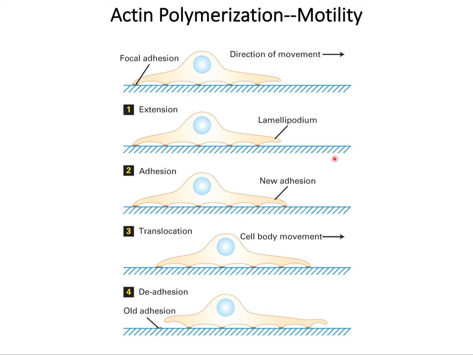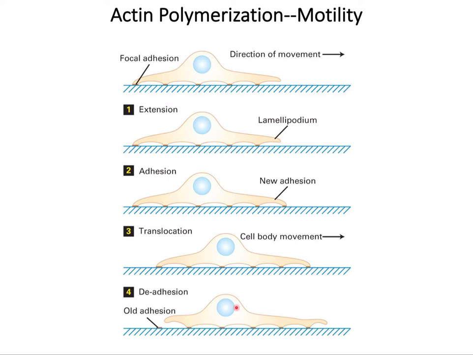So this foot is stepping out, and the second step is the adhesion, where the lamellipodium actually touches the surrounding extracellular matrix component. And then you get the formation of a new adhesion between the cell and the extracellular matrix. You get the forward movement of the cell body. You can think of it as the body of the cell snapping forward, as shown in the translocation.